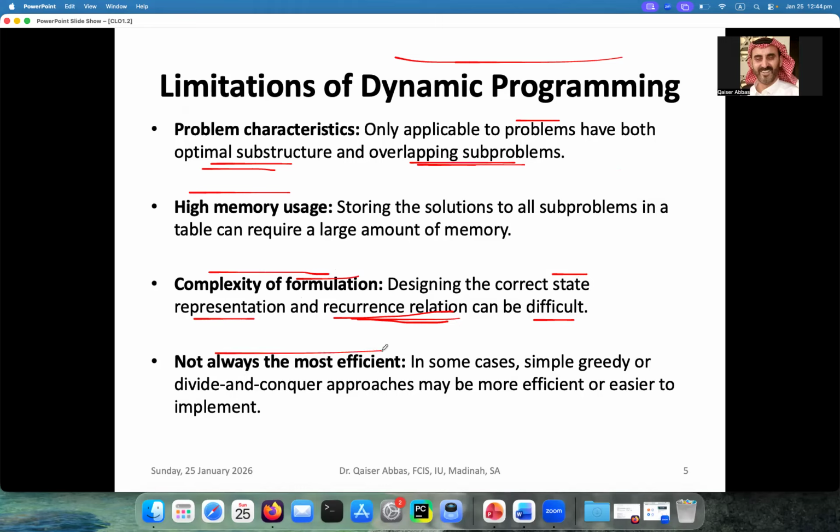And next, it does not always give you an efficient solution.